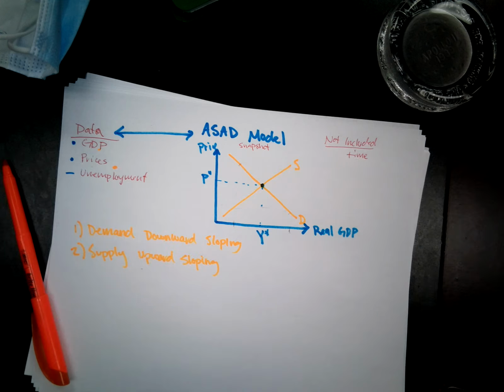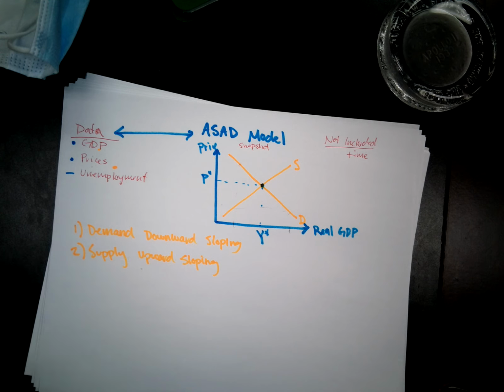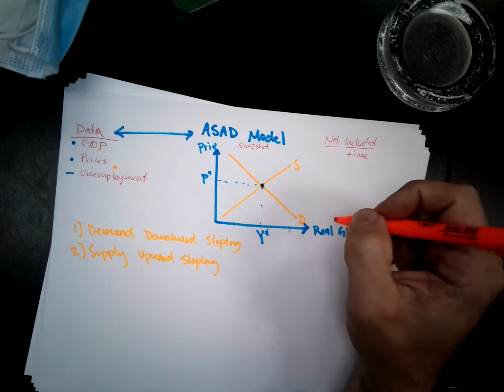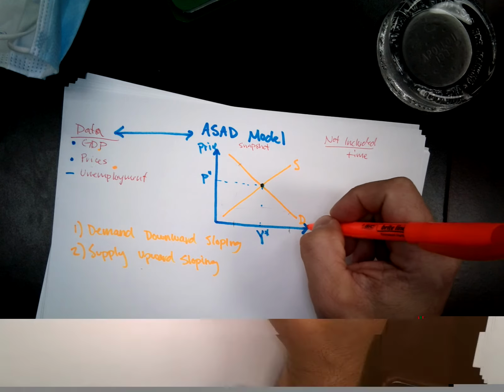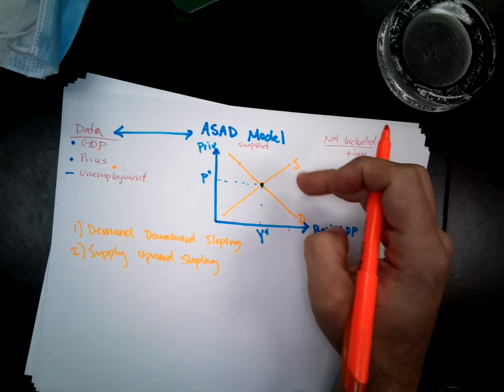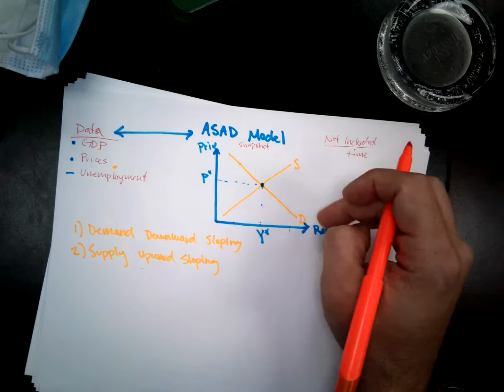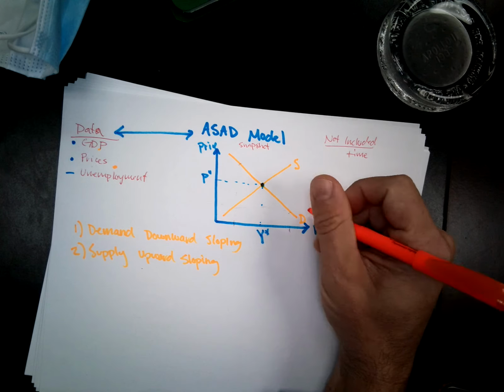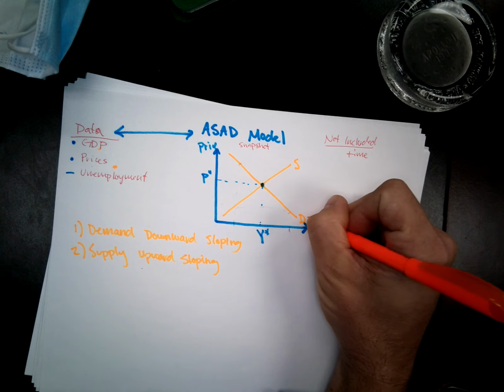Now, I'm going to give you a couple elements to this model. We have supply and demand. I'm actually going to add on to this a little bit. What you need to know in order to understand these models is what each of the elements in this section are representing. So what is actually demand? We're going to specify this.